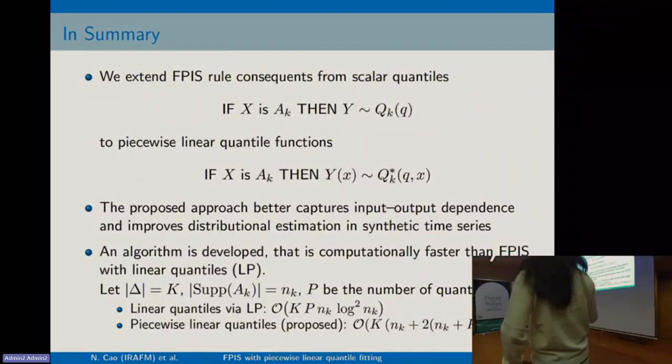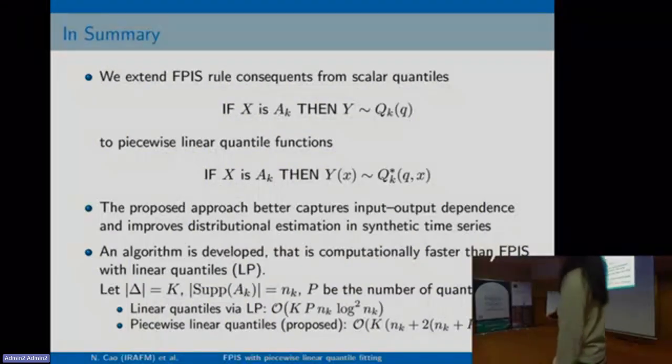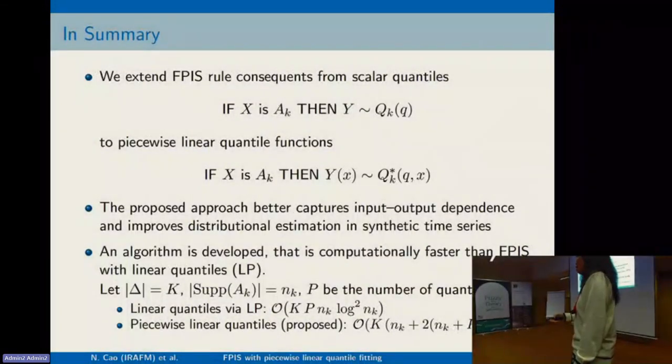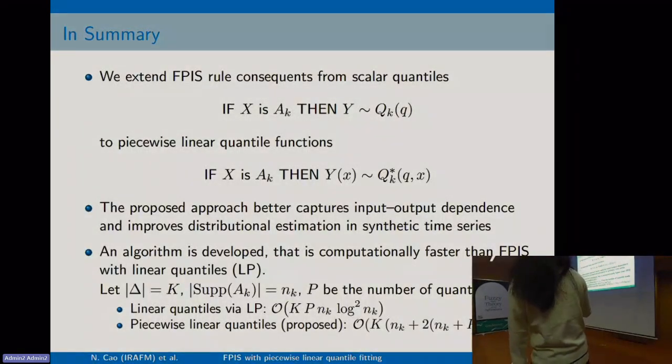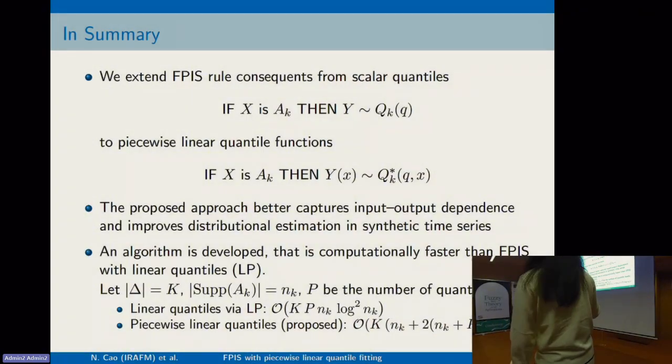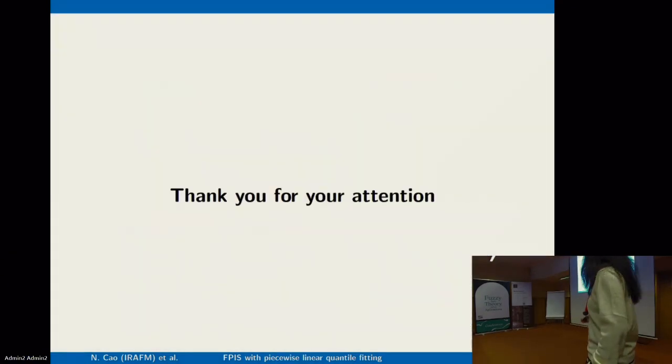Because of computation, and actually in the experiment it's much faster than using linear programming. And this is the computational complexity. As you can see, with the linear programming it is a square of the log, and this is just nothing. That is all. Thank you very much.